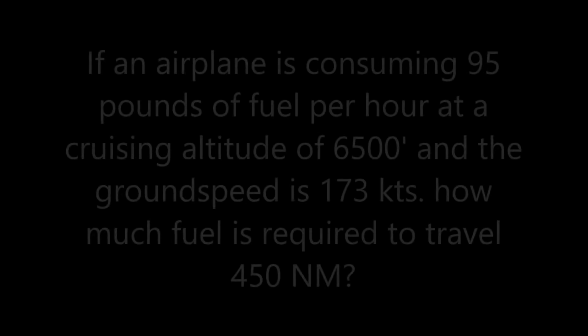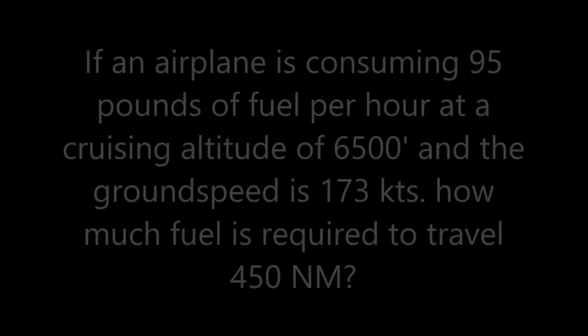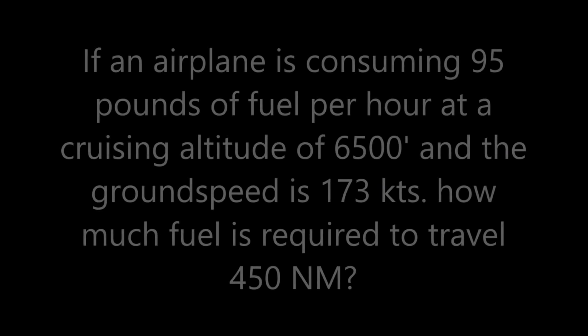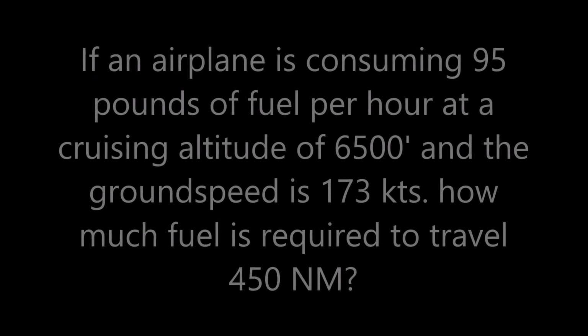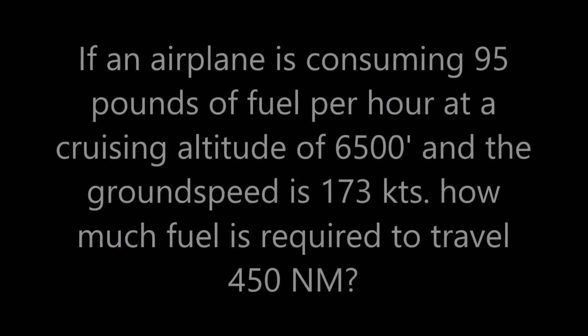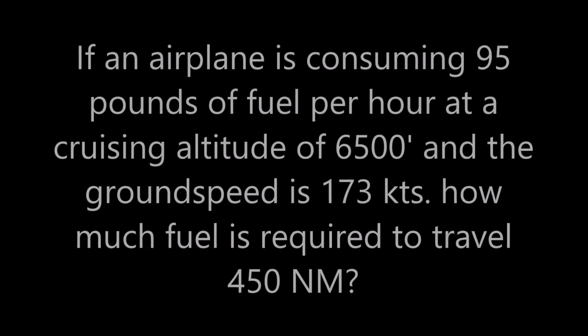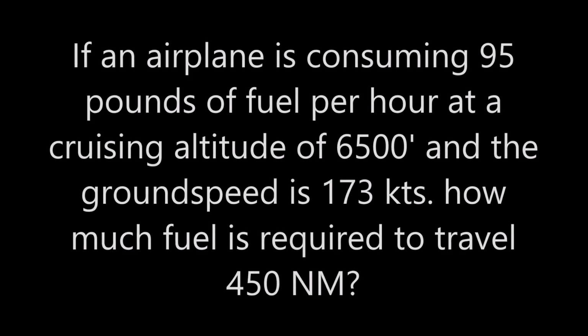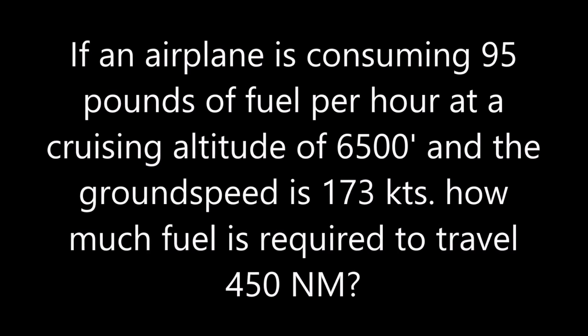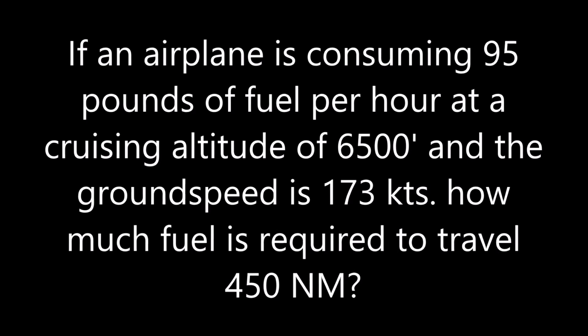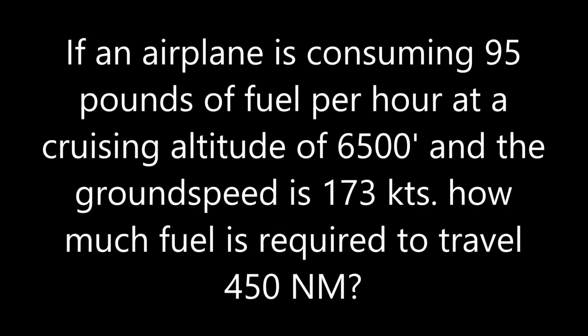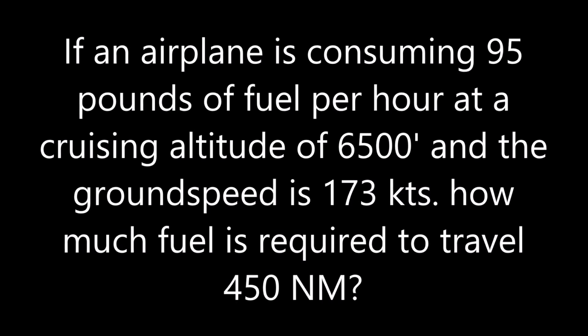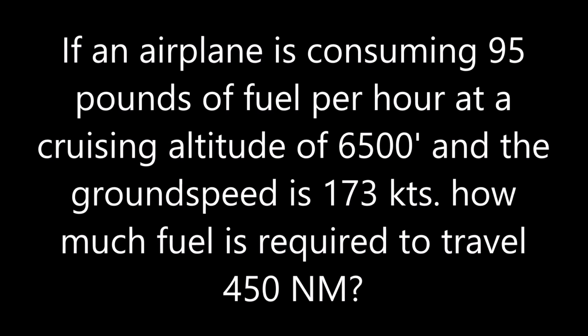Now let's see if we can solve one of the FAA questions for the fuel consumption calculations using this method. The question says, if an airplane is consuming 95 pounds of fuel per hour at a cruising altitude of 6,500 feet and the ground speed is 173 knots, how much fuel is required to travel 450 nautical miles?